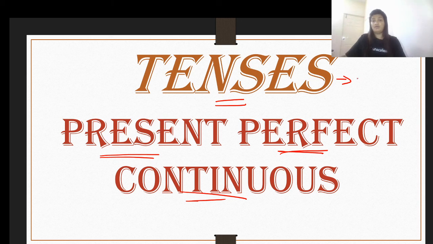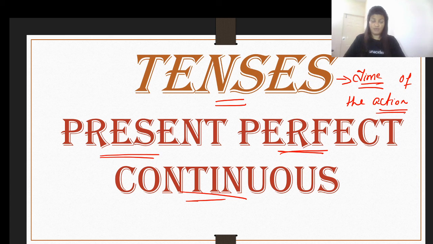What is tense? Tense is nothing but time. Time of what? Time of the action being done. Well, there are 3 timelines when the action happens. For example, what am I doing now? Right now, this is present and I'm teaching you tenses.